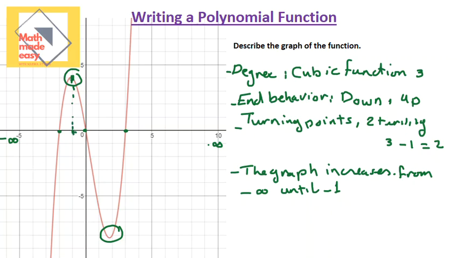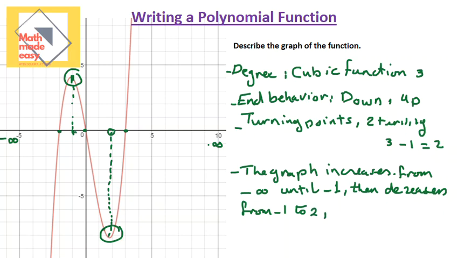Then it decreases, from negative 1 to what? It continues decreasing until it reaches that point. You need to know how much is the x value at that point. It's not really accurate, but almost 2.